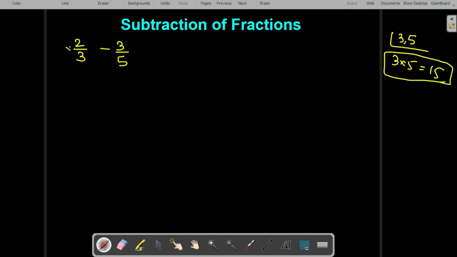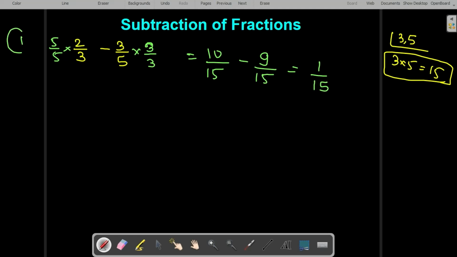So in this case, what do I have to multiply here? 5 and 5, and here also 3 and 3 in order to get the same denominator. So 5 into 2 is 10, 5 into 3 is 15, minus 3 into 3 is 9, 5 into 3 is 15. So 10 minus 9, which is 1. So 1 upon 15. So this way we can solve the question.